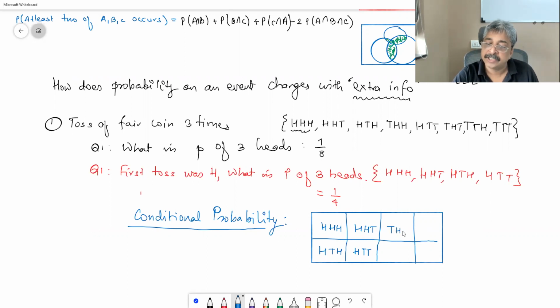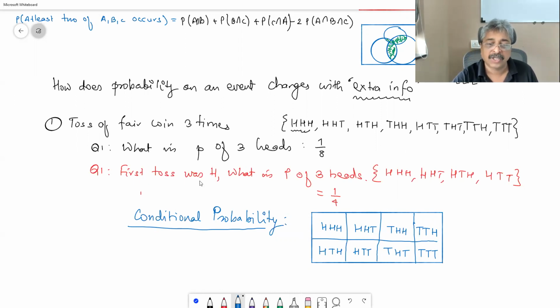T, H, H, T, H, T, T, T, H, T, T, T. Okay, so this was a complete sample space for question number 1, and you were looking for favorable, therefore only one of the 8 parts.